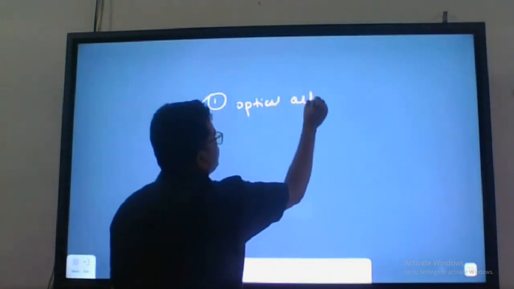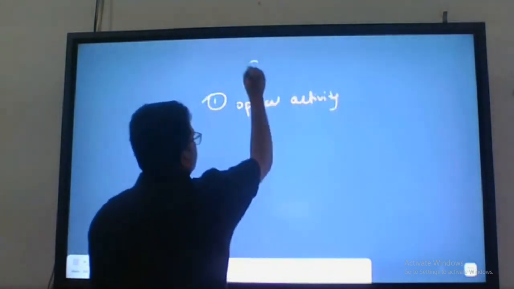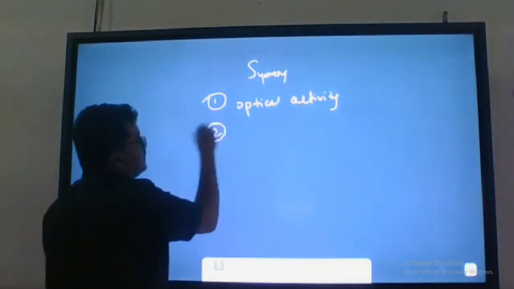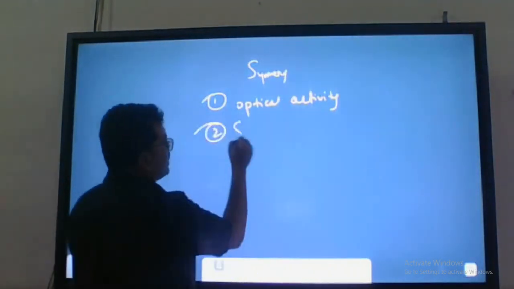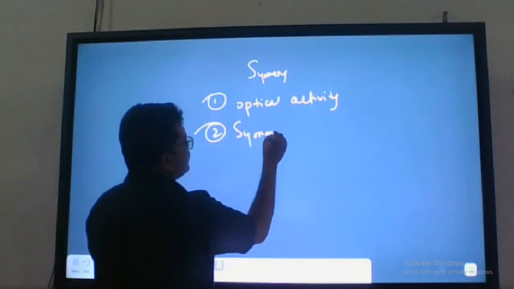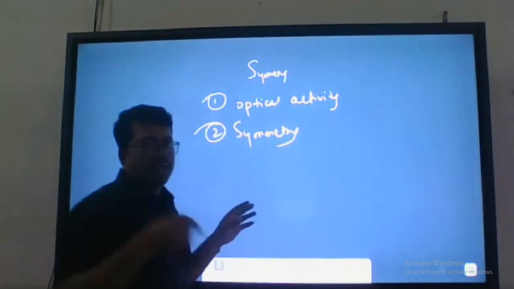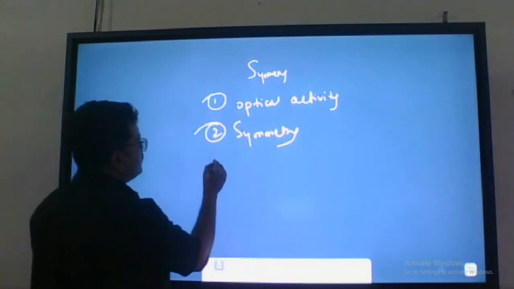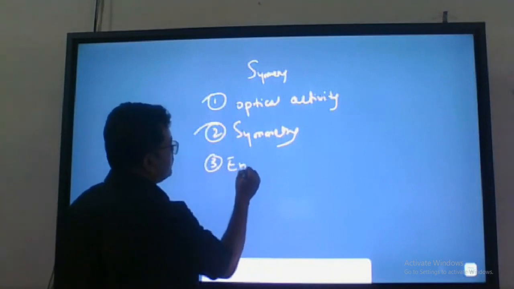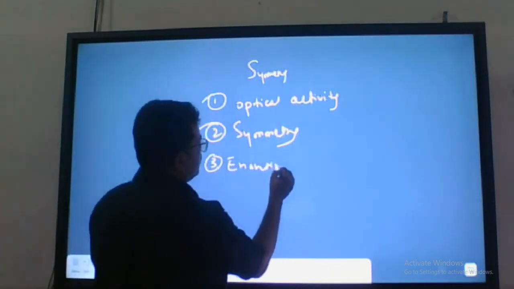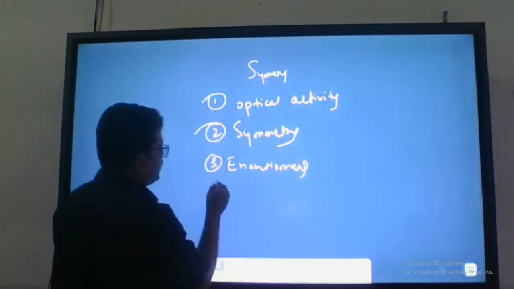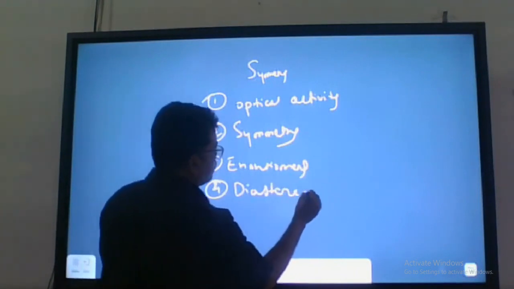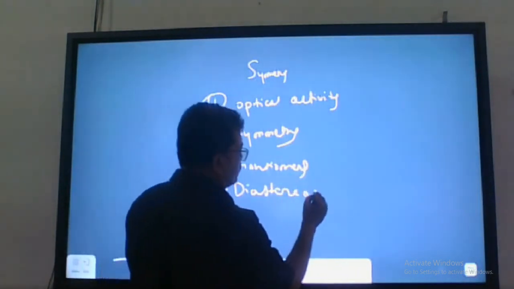The summary: symmetry, that is plane of symmetry, center of symmetry, axis of symmetry, and enantiomers or diastereomer isomers.